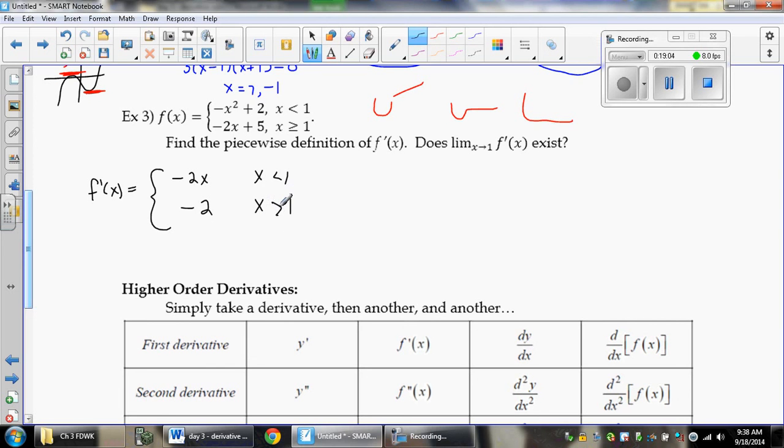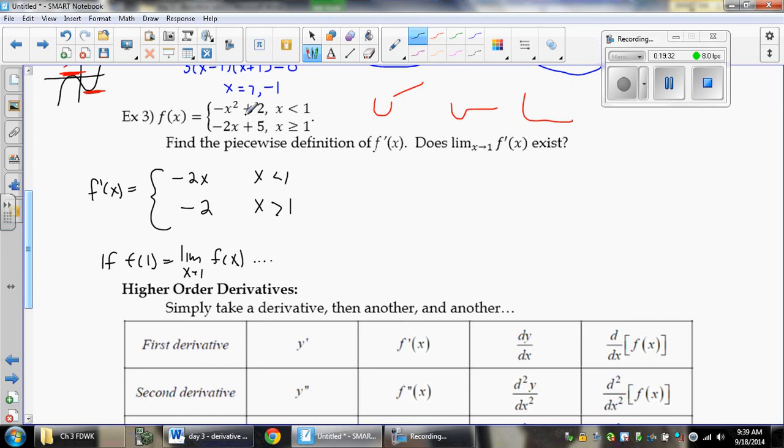Then you need to check whether both of these conditions are true. If f of 1 equals the limit as x approaches 1 for f, then that means f is continuous, you're good to go. So if we want to test this, that's where I just come up here and plug 1 into both of these equations and see if they line up.